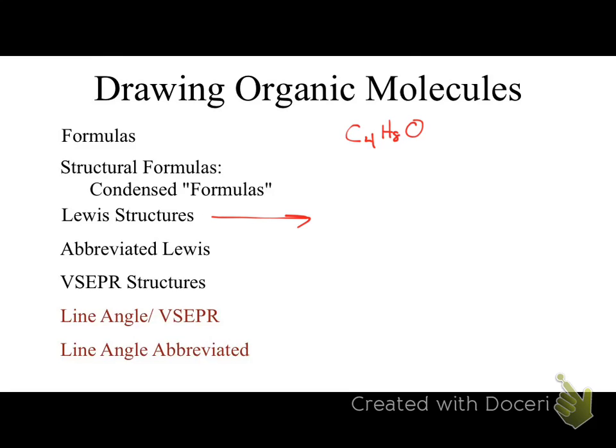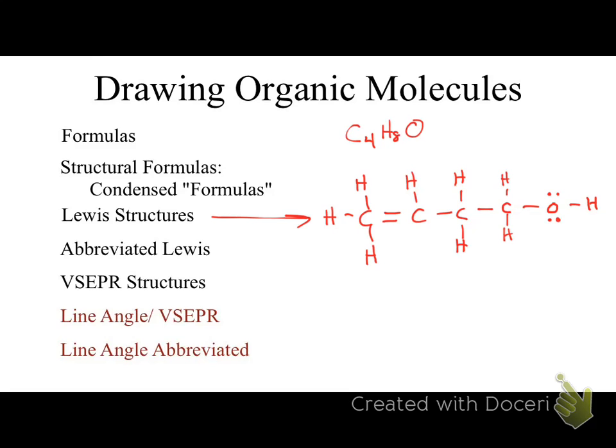We could go through and say we've got this compound. There's 4 oxygen. Zoom in here. And we've got now a Lewis structure, which gives us some information about our compound that the formula doesn't give us. Okay, but you'll notice that that's a bit tedious to draw out.